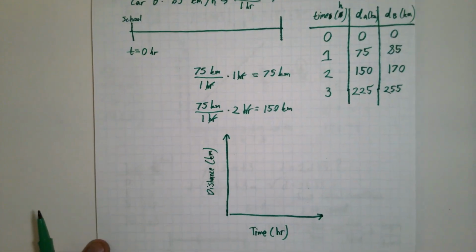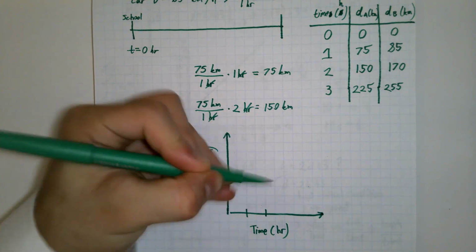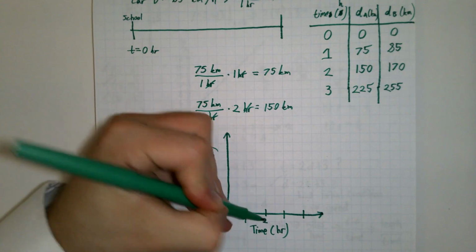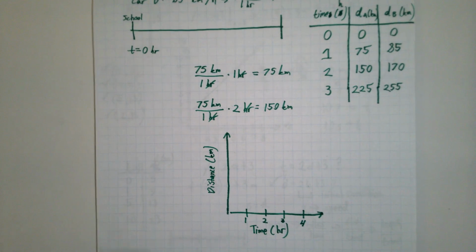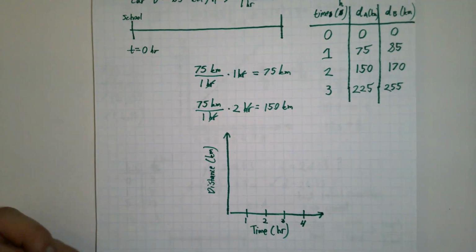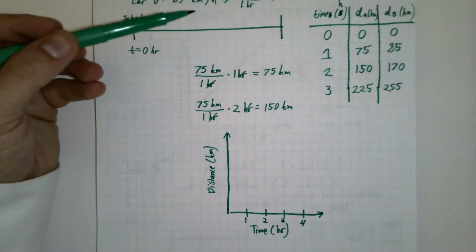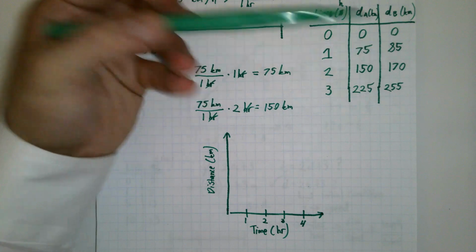One of the last things I need to do is put tick marks on here. The appropriate tick marks would probably be 1 hour, 2 hours, 3 hours, and then 4 hours. We only need to do over 3 hours, but we'll show it over 4. For the distance, if we look at our data table, we're going from 0 all the way to as much as 255.